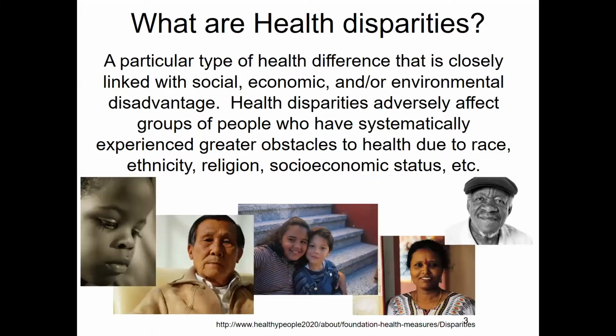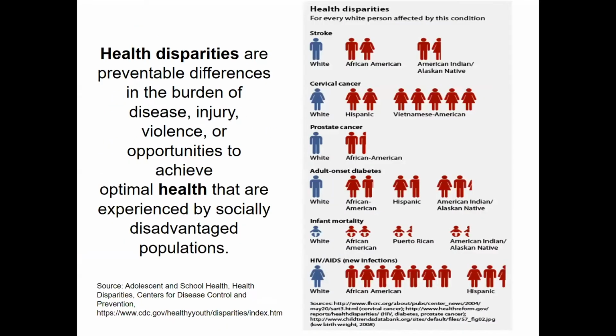So what are health disparities? Essentially, they are the differences that are closely linked with many of the factors that I just mentioned. They adversely affect specific groups of people who have systematically experienced obstacles, and we're talking specifically about health today, due to their race, ethnicity, religion, socioeconomic status, etc. They are often preventable differences.